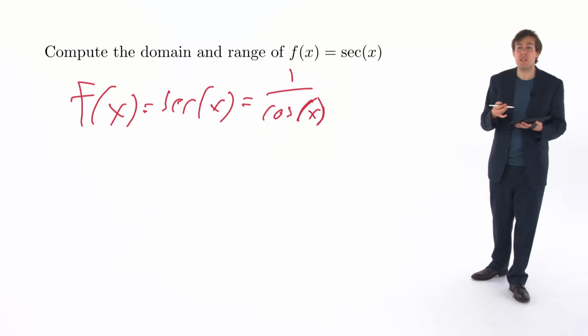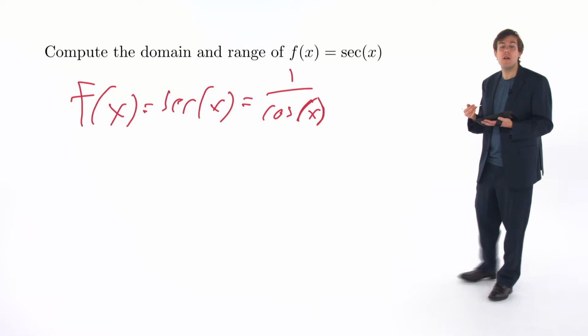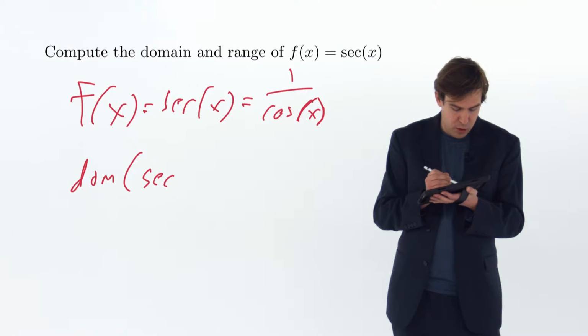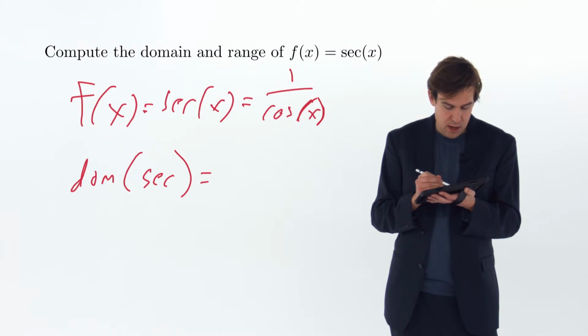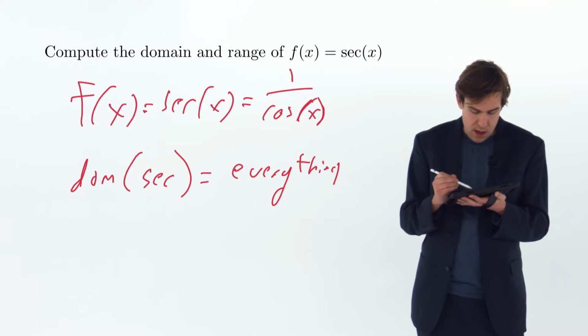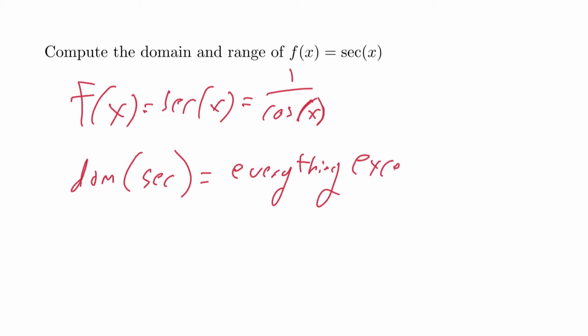So I can use this information to determine the domain and range. So the domain of secant is everything except when cosine of x is equal to 0, because then I would be dividing by 0. So when is cosine equal to 0?